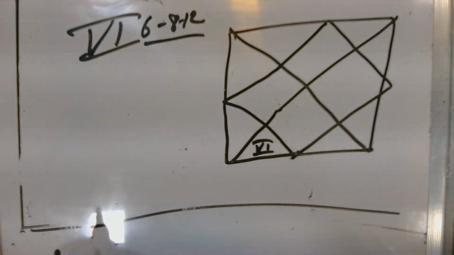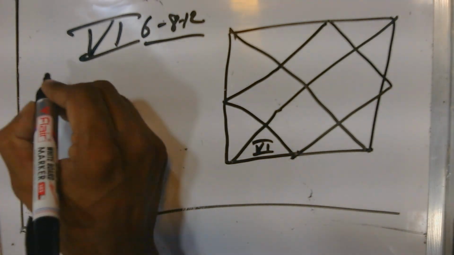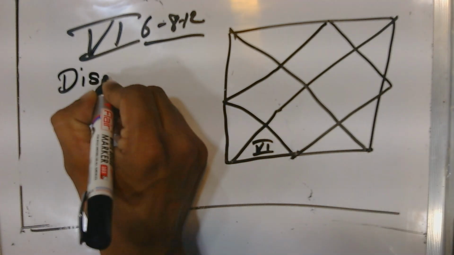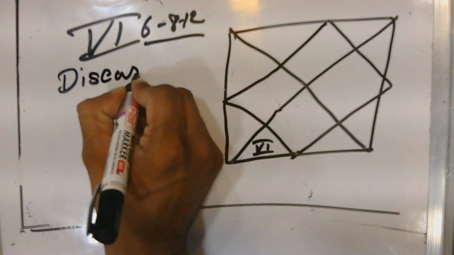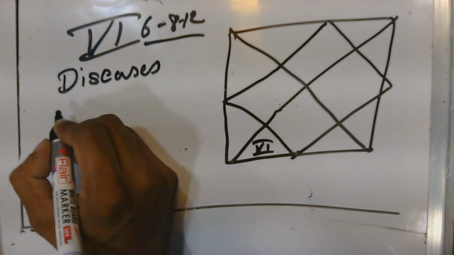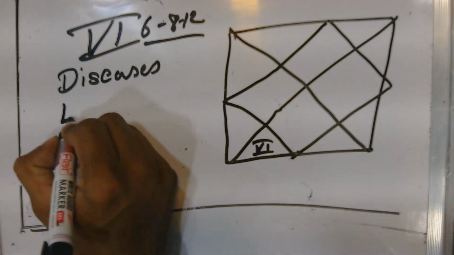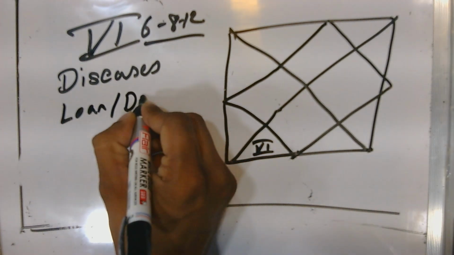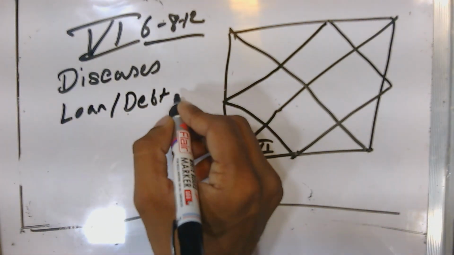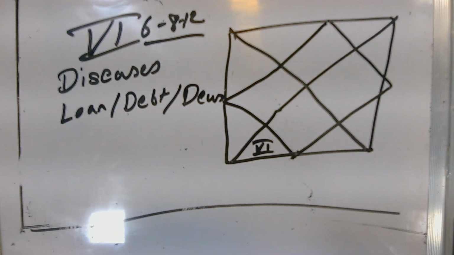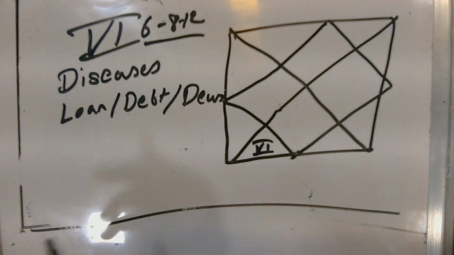Rog, Rin and Shatru. Rog in English translates into diseases. Rin is translated into loan or debt, or dues, the dues that you have to pay, like your bills.